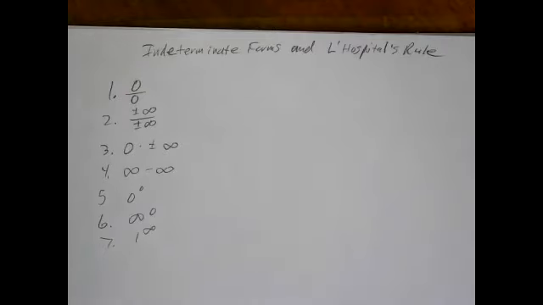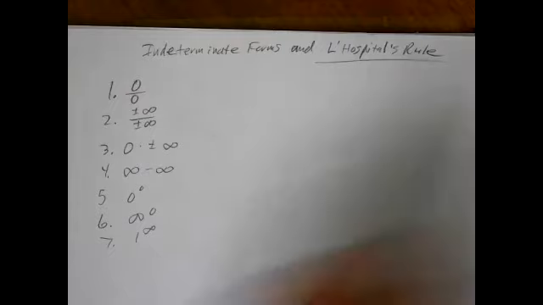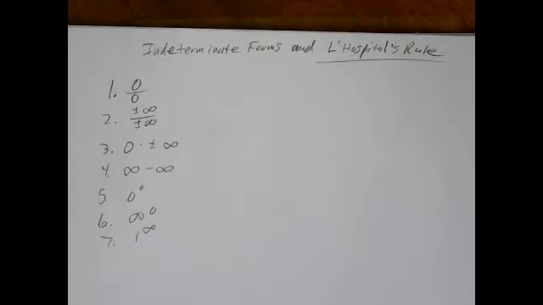All right. And with these indeterminate forms, we're going to use something called L'Hopital's rule. And L'Hopital was actually a French nobleman, and his name is on this rule or on this theorem, but this theorem was actually discovered by John Bernoulli.